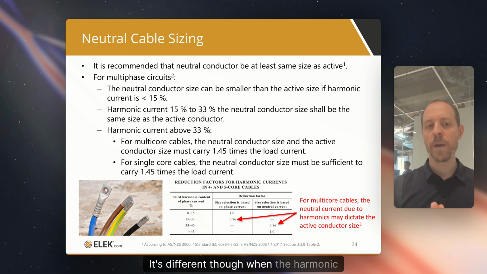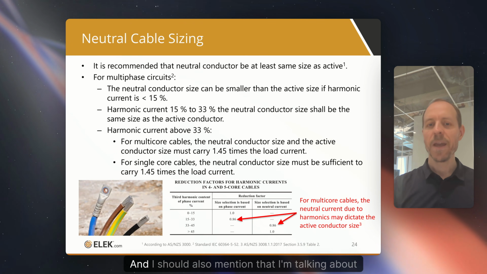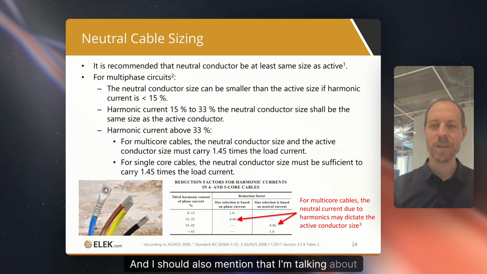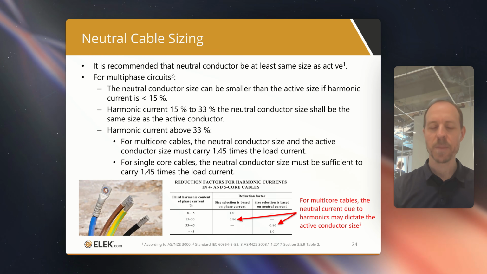It's different though when the harmonic current is greater than 33%. And I should also mention that I'm talking about the third harmonics, or the triplen harmonics.